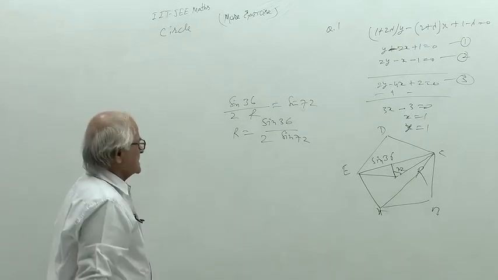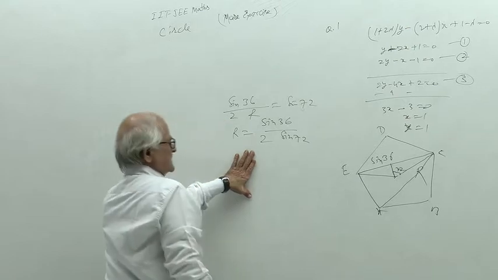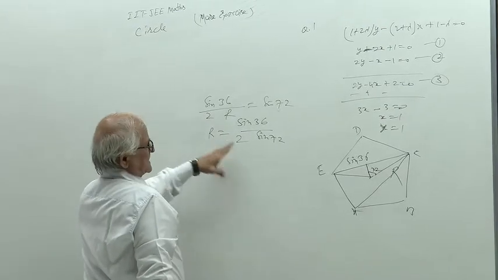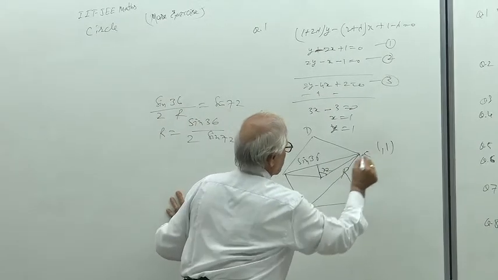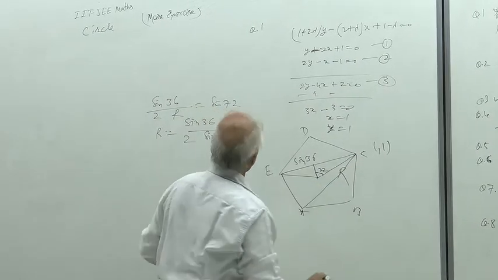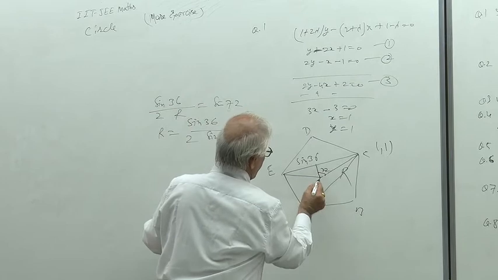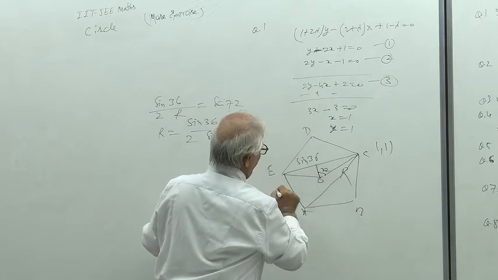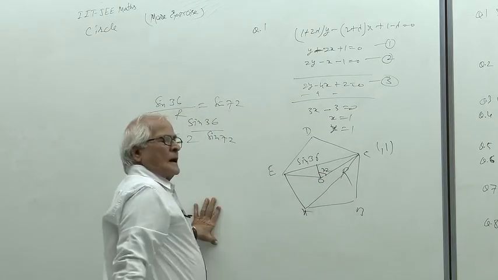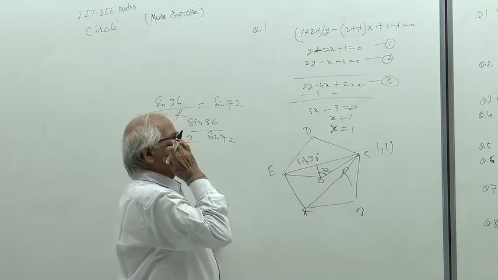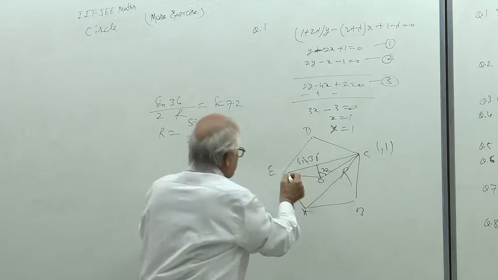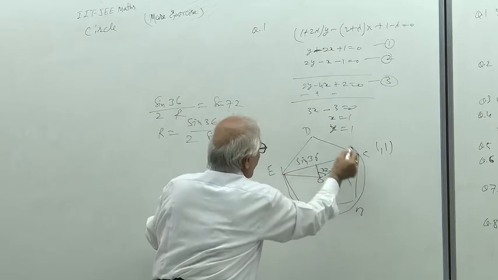Now you see the radius. The radius is this. Now what is this point? This is the point (1, 1). We can easily calculate it. Let O be the center of the circle circumscribing the pentagon.